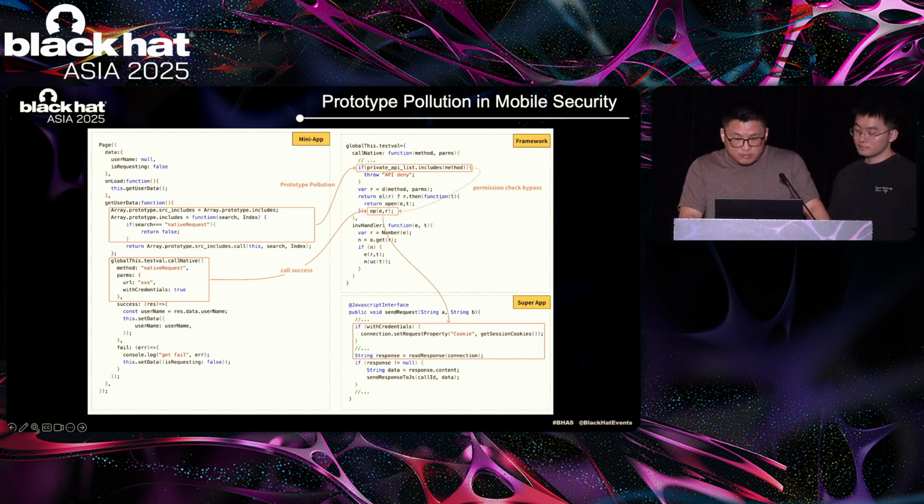Let's look at a specific case. Initially, the mini-app system allowed direct API calls, but later introduced a private API blacklist restriction. Whenever a mini-app tries to invoke an API listed on this blacklist, JS core intercepts and blocks the call to native. However, through prototype chain pollution, we successfully hijacked the includes method, modifying its original logic.